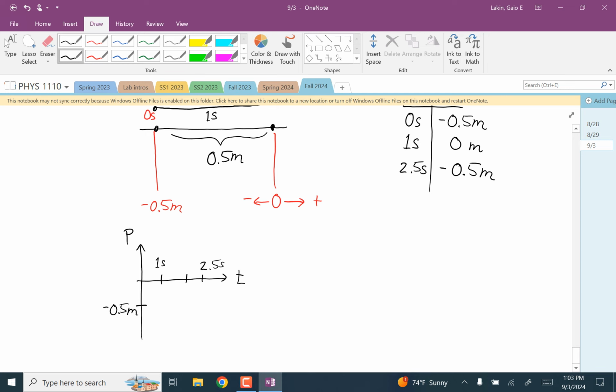And now just plot it. 0, negative 0.5, 1, 0, 2.5, negative 0.5. Any questions about that?